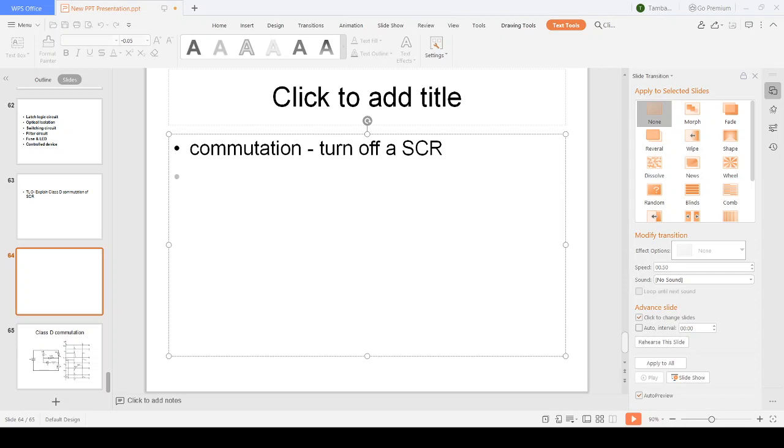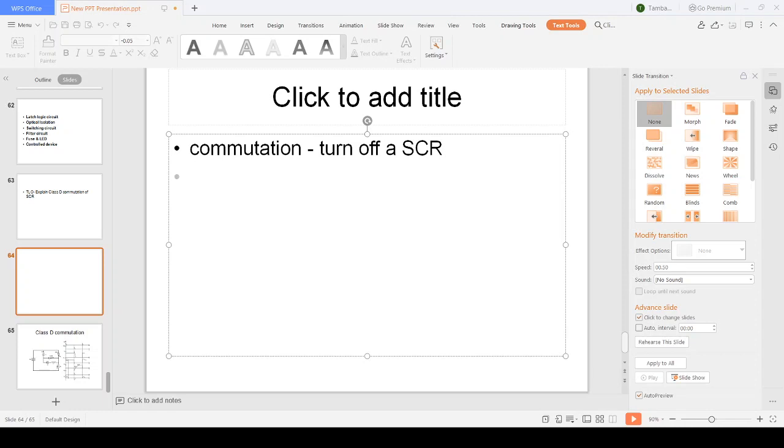We know that SCR stands for silicon controlled rectifier, and the property of this SCR is that once it gets turned on, it remains in on condition, or on state.